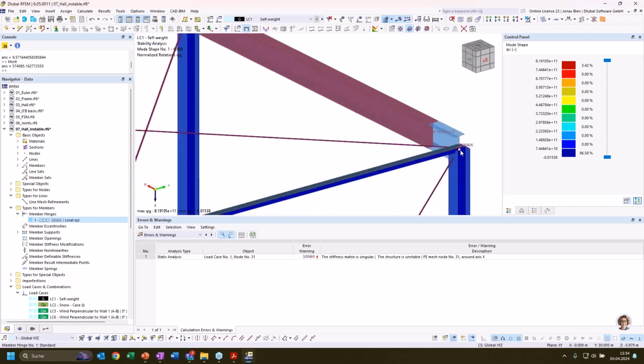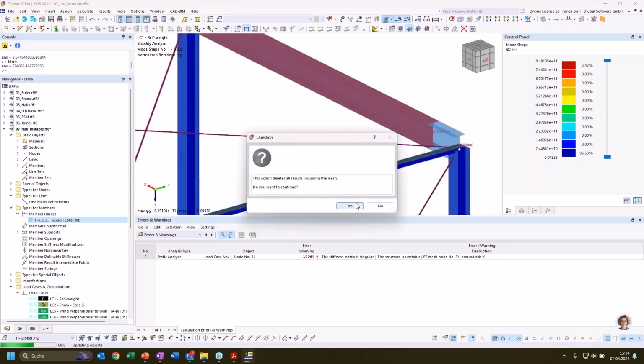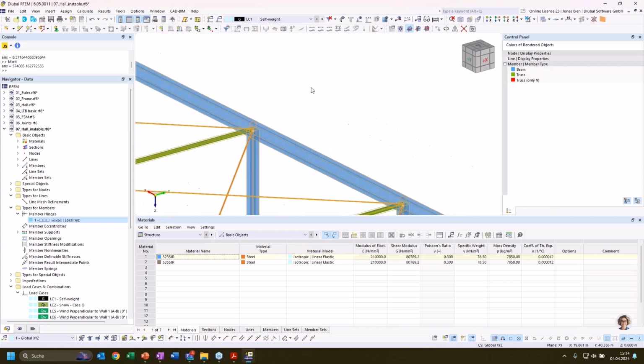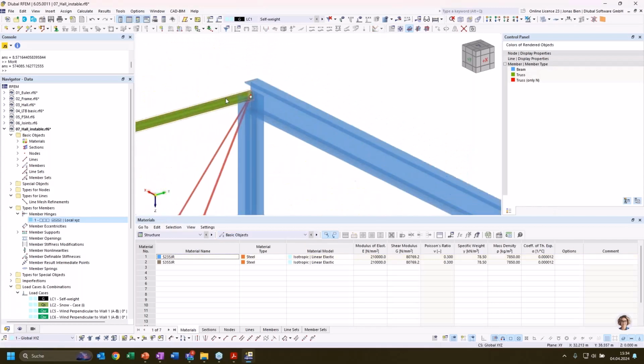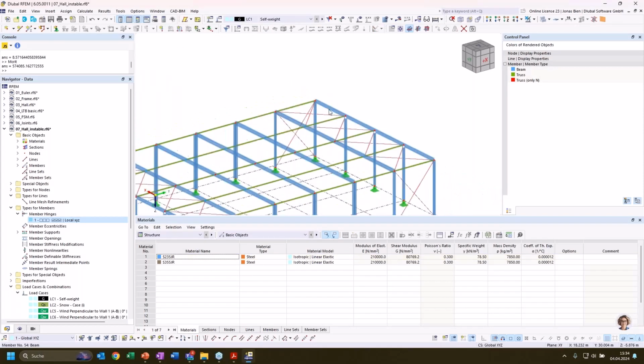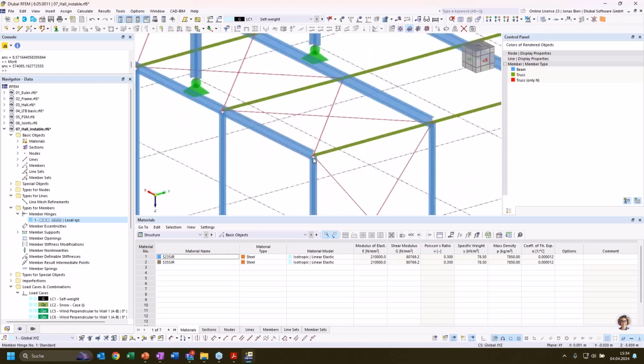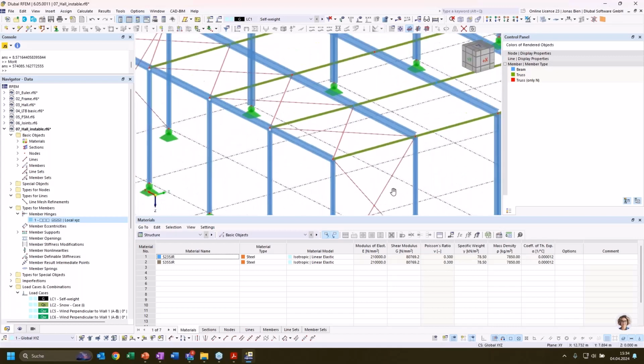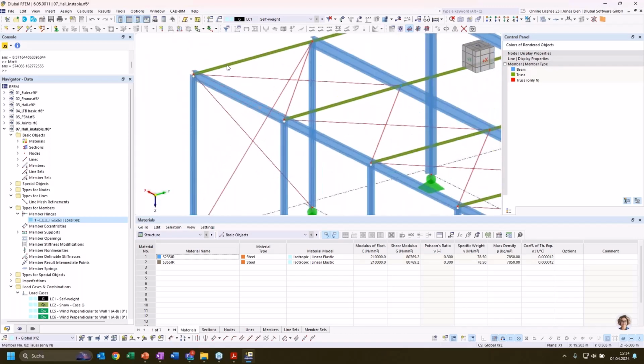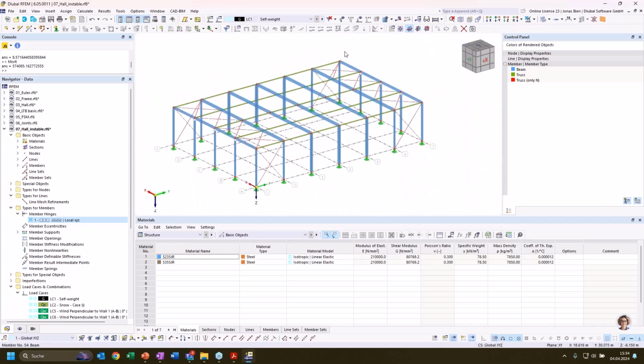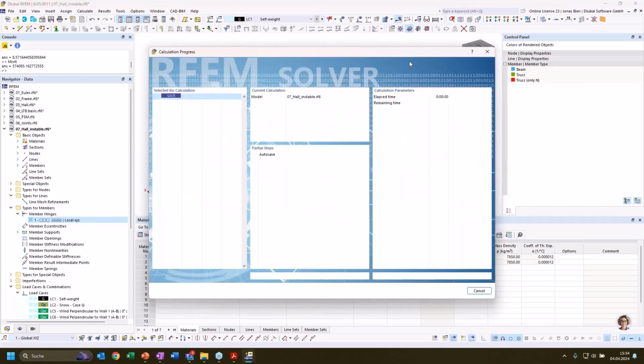So maybe that was a mistake, and I wanted to establish frame action here, but I accidentally applied the hinges to all my columns. Now that I found this mistake, I can remove those hinges in the frame corners, and check a third time if the solution runs or if the simulation works.